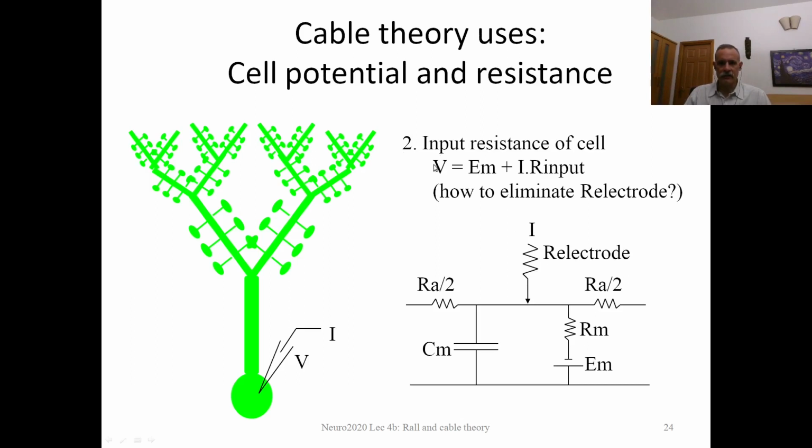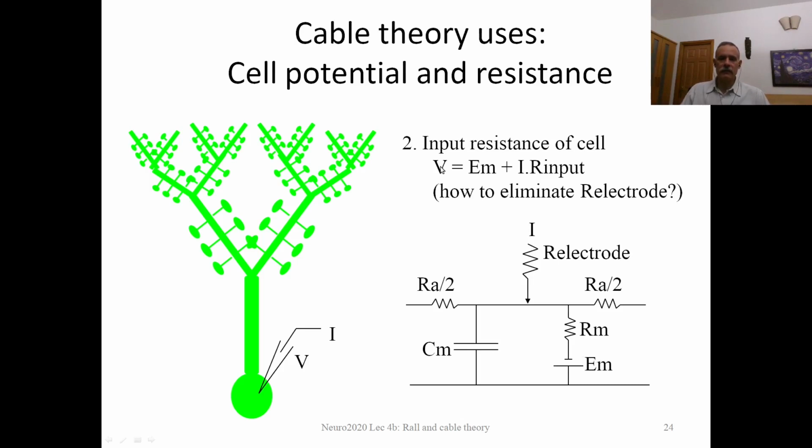Now you're in a position to measure what is the input resistance of the cell. You apply a certain current. This current goes through the electrode and it goes through the membrane resistance. Together those are summed up to give you R input. Yeah? R electrode plus Rm gives you R input. We already know R electrode.